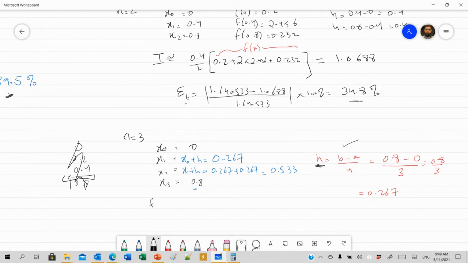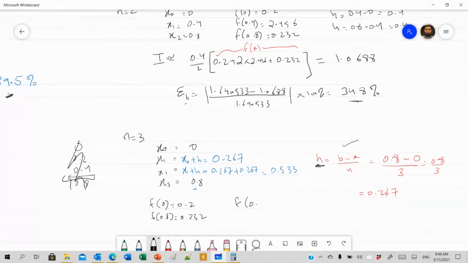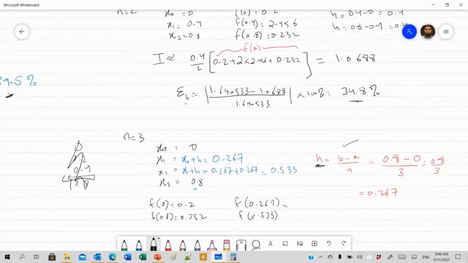Now we need the function values. F of 0 is 0.2. F of 0.8 is 0.232. We need f of 0.267 and we need f of 0.533.